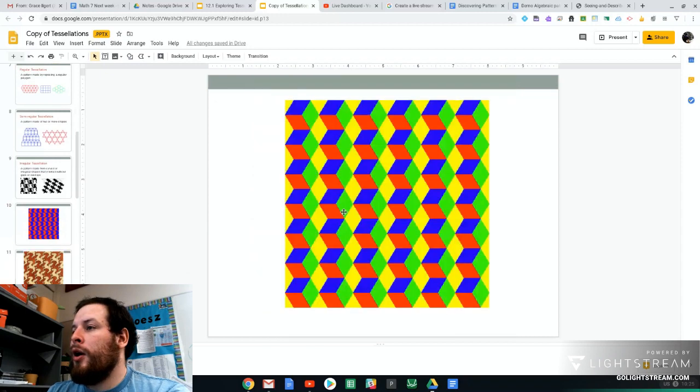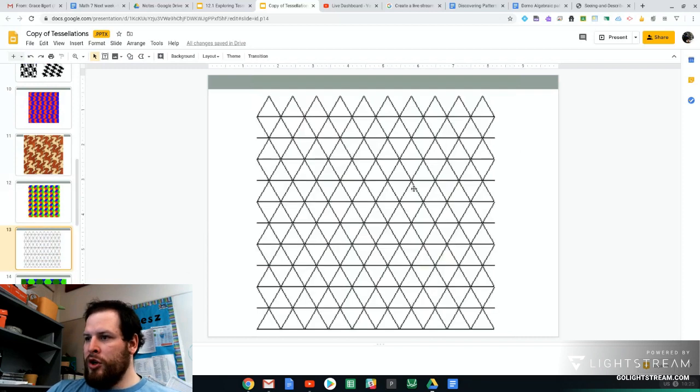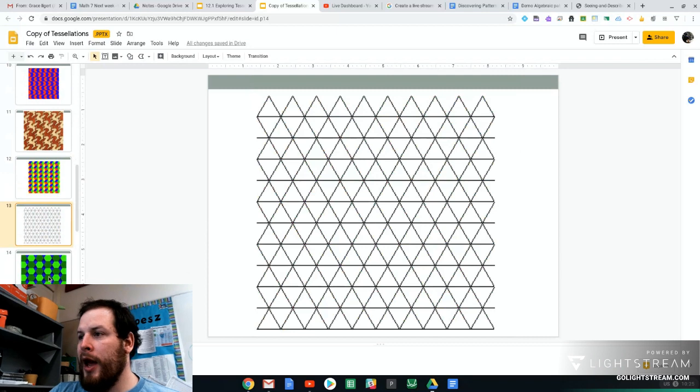We got another regular tessellation, but using rotation. So these are using the shape and it's rotating around. It's the same shape all throughout the plane, just in a different orientation. And that's totally okay as well. Just a bunch of triangles tessellating the plane.